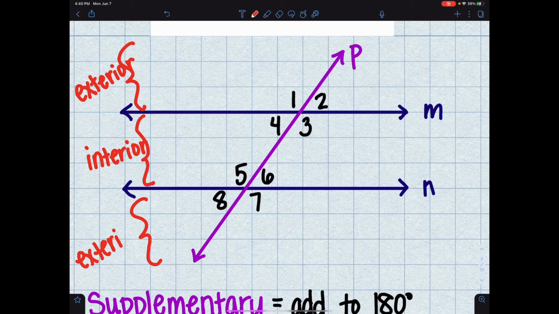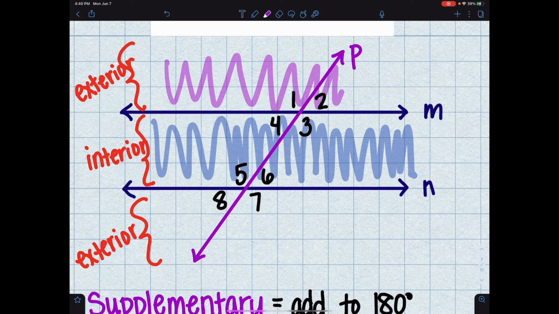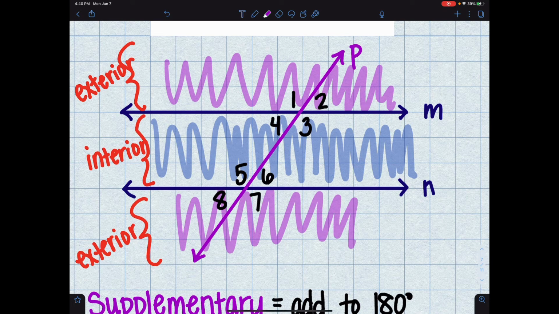So anything in this area, 4, 5, 3, and 6, those are interior angles. And anything on the outside, so angles 1, 2, 8, and 7, those are exterior angles.